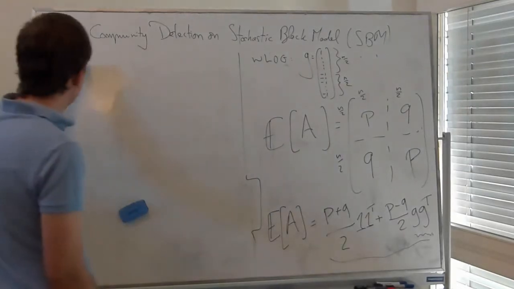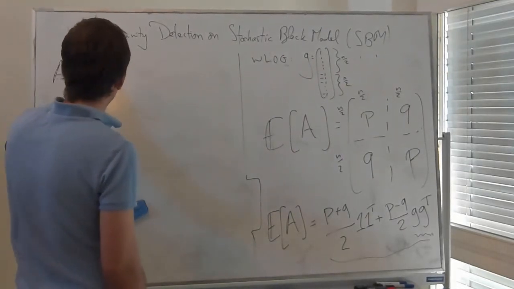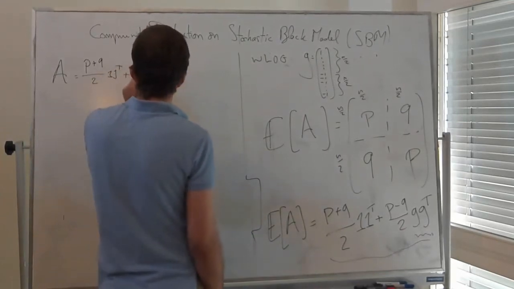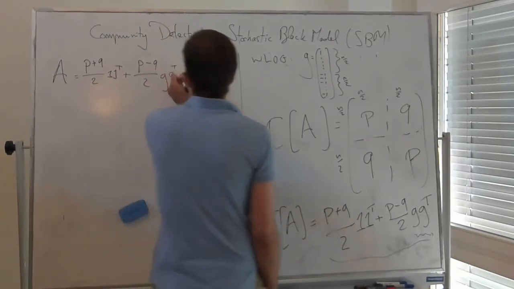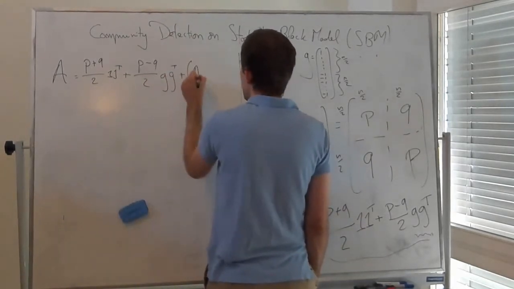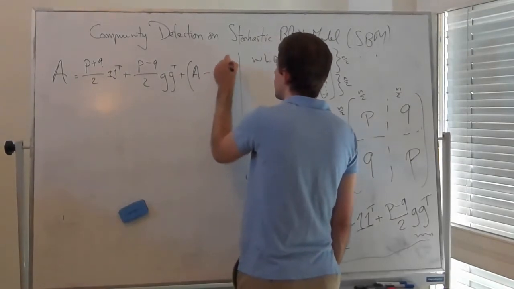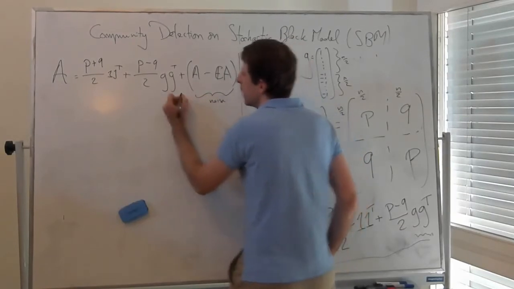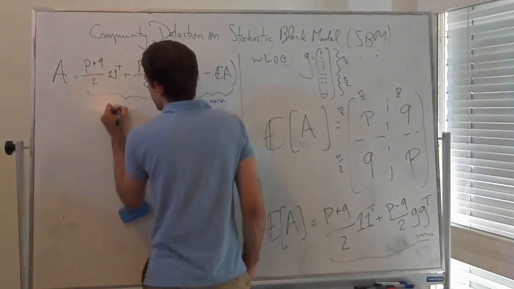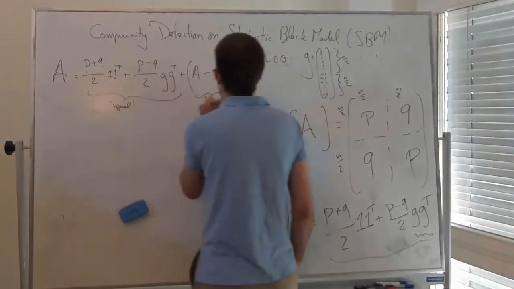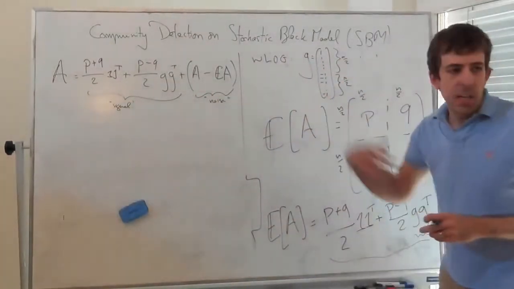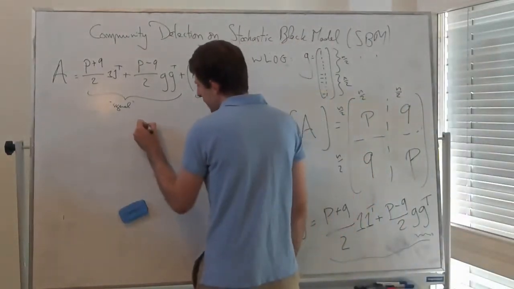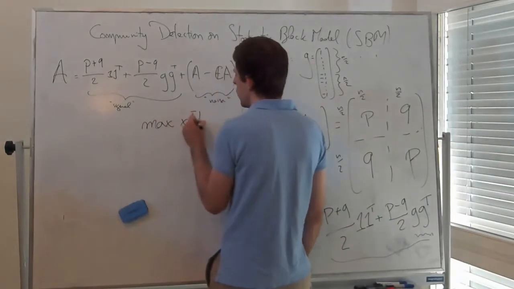So we can think of A as just (P plus Q) over 2 times 1 1 transpose, plus (P minus Q) over 2 times G G transpose, plus A minus the expected value of A. In a way, we can think of this as the noise, and this as the signal. Now, we're very much getting into the spike model type thing. But remember that what we wanted to compute wasn't exactly the maximum eigenvector. It was something more like this.